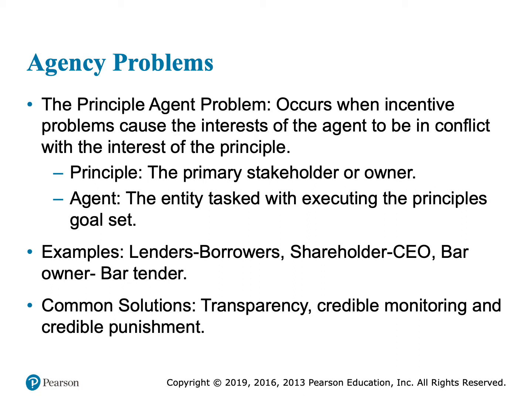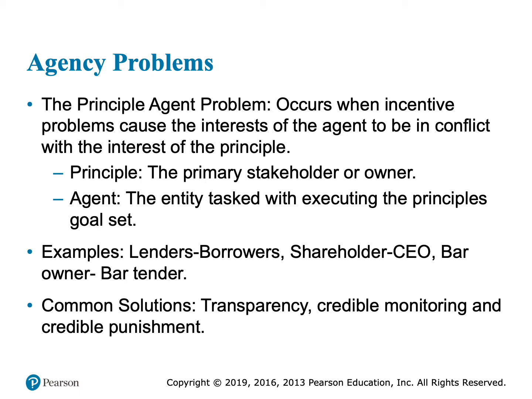So we have a principal agent problem again, where the interests of the agent may not be aligned with those of the principal. Maybe the clearest way to think about this is to think about retail or restaurants, or maybe even a bar, right? You have a bar owner, they own the bar, but because they own the space, they're probably not working the bar 24/7, right? They want the bar to be profitable, but they hire people to run the bar, like a bartender. Now, the bartender is tasked with making profit for the bar owner.